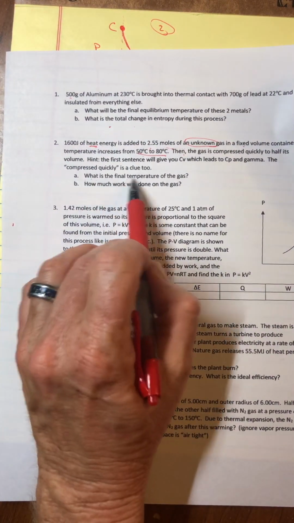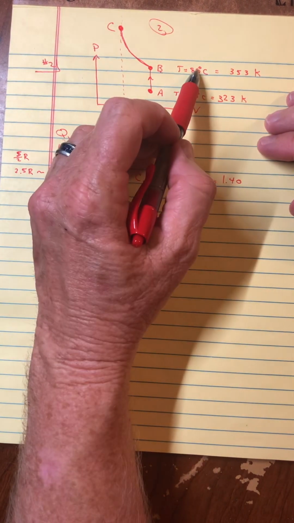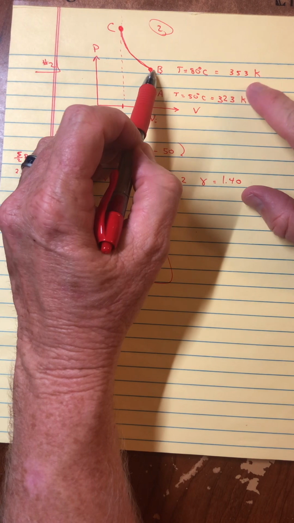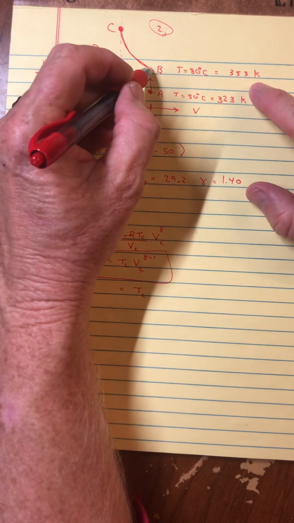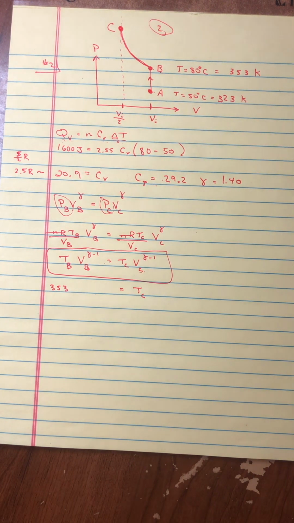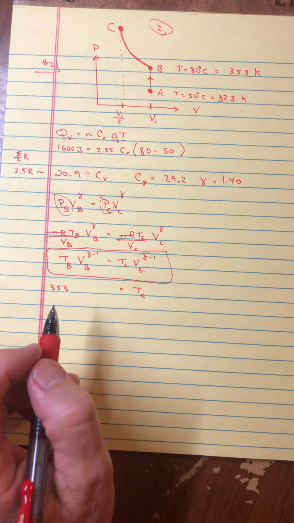That is the question at hand. What is the final temperature? So we know it went from 50 to 80 Celsius, or maybe I should say 323 Kelvin to 353 Kelvin. And then when it gets compressed, it's really going to go up in temperature. And that's what I want to know, its final temperature at C.